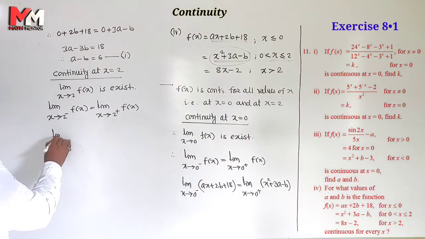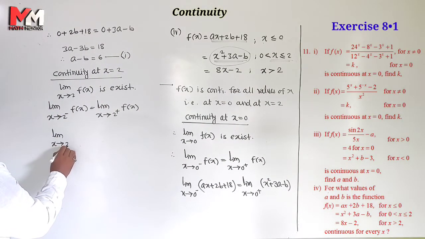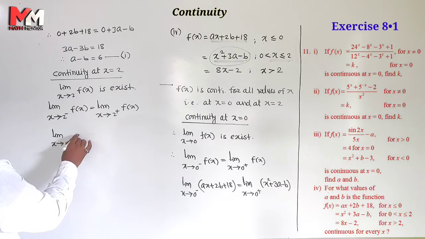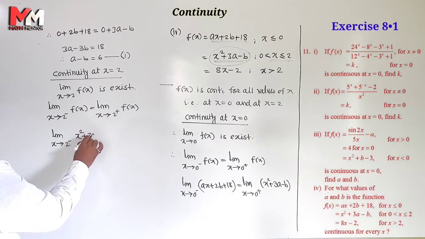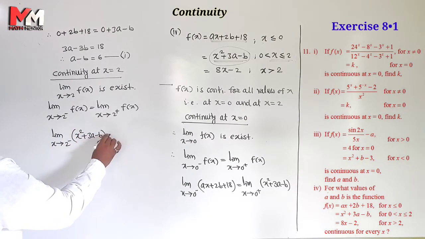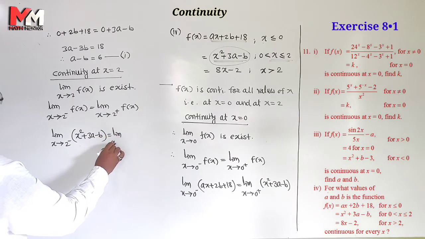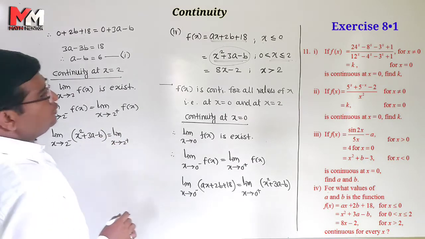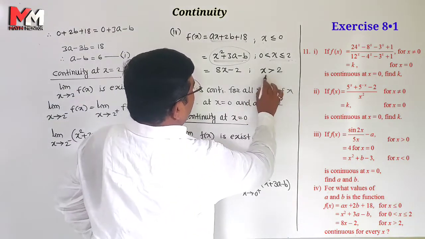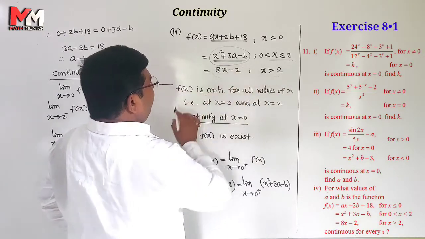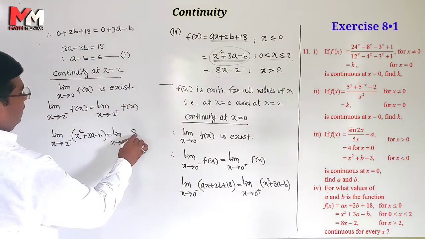So limit x tends to 2 minus, which one is that function? x square plus 3a minus b is equal to limit x tends to 2 plus. So यहाँ पर x is greater than 2 है, so this is the function for right hand limit, 8x minus 2.